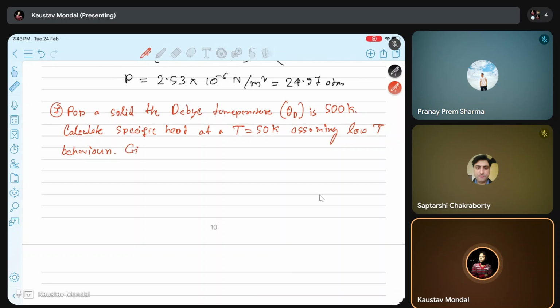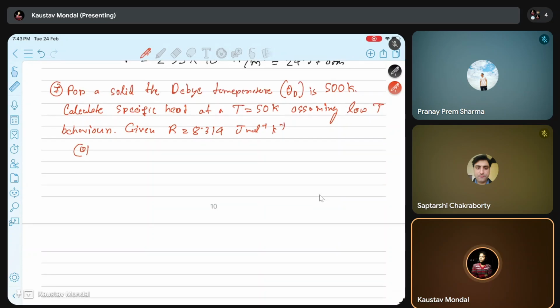Given R equal to 8.314. The options are option A, 2.85, option B, 3.15, option C, 1.94, option D, 9.73.